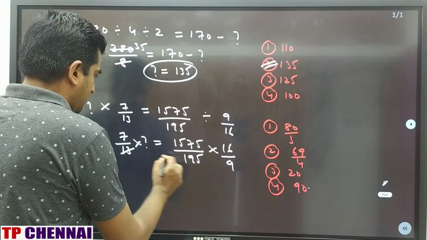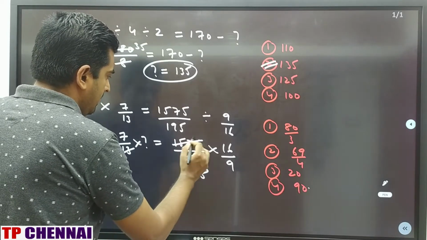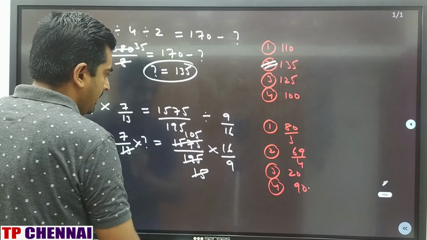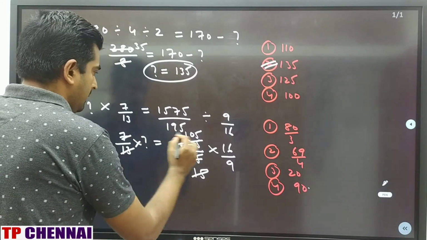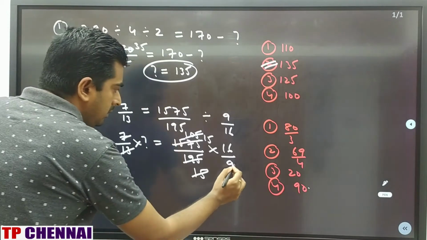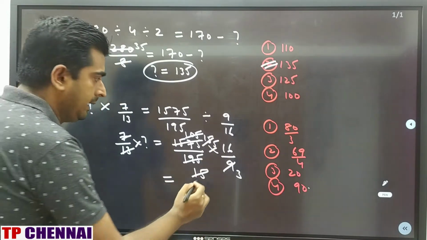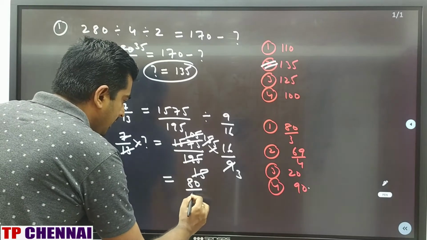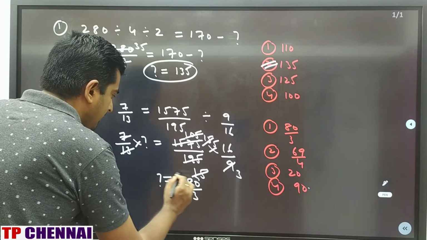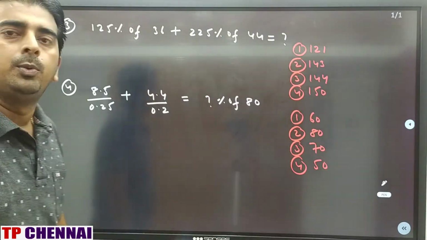Now 13 ones are 13, 13 fives are 15, 10s are 150, 15 fives are 10, 7 15s are 3, 3s are 3, 5s are 16 into 5, 80. My answer is 80 by 3, which is the first option. So I hope you are clear with the second one.